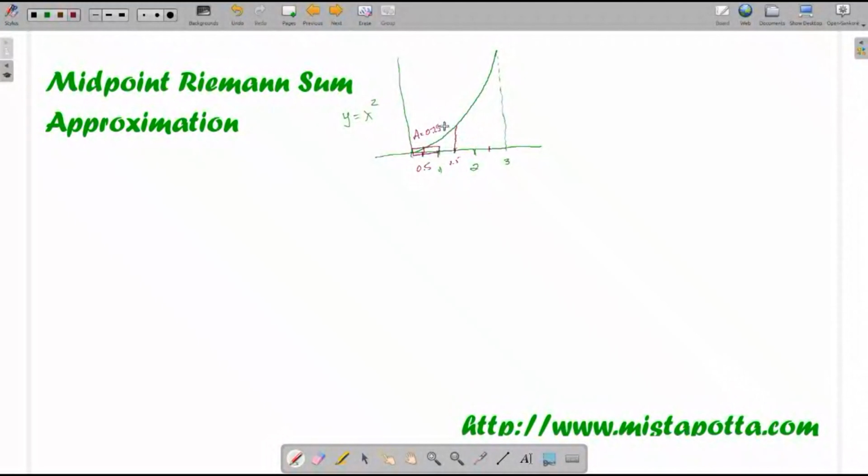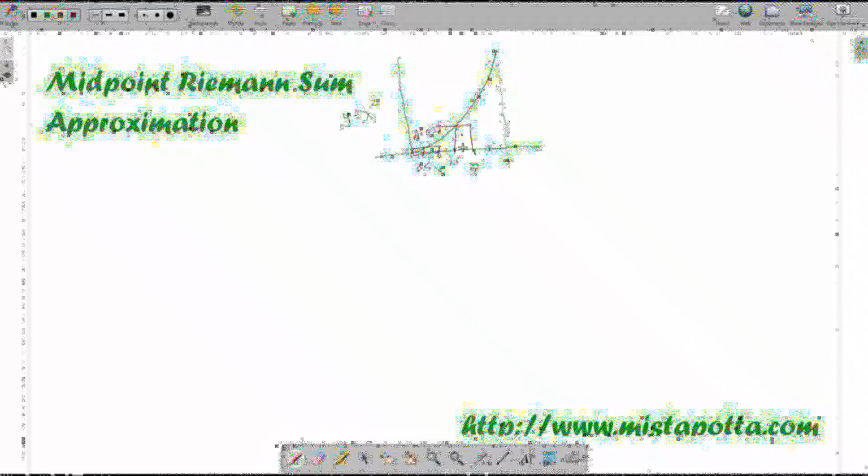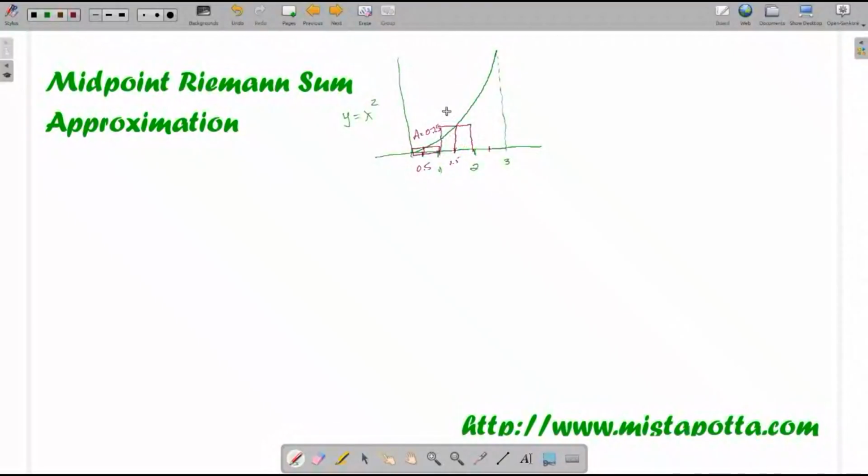When I'm at x equals 1.5, my area is going to be determined by a height of 2.25, and so here my area is 2.25. And if I'm looking at an x value of 2.5, the height of my rectangle is determined by this midpoint squared. 2.5 squared is 6.25.